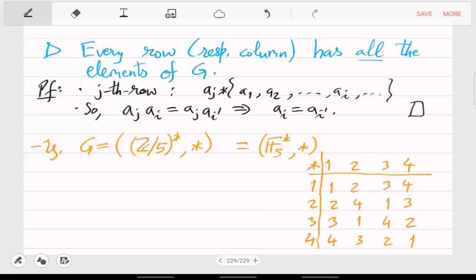So now we study an important property in groups, which we have alluded to before, which is the order of an element.